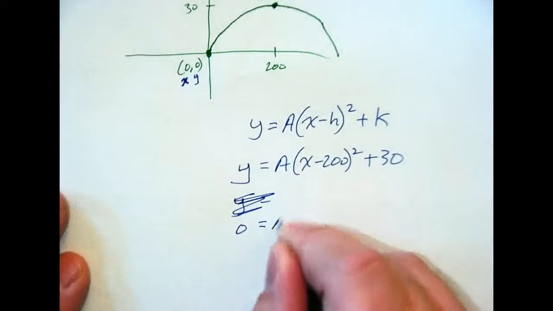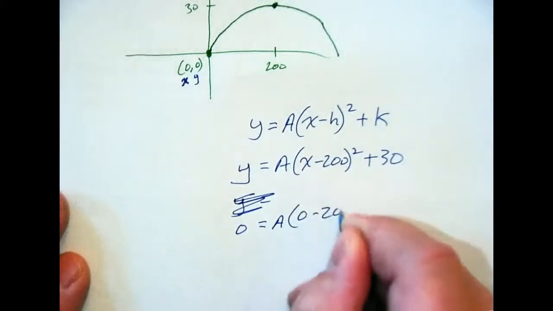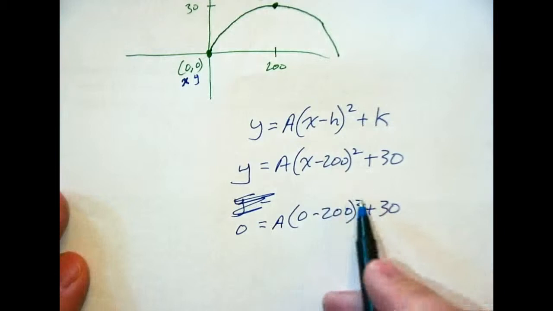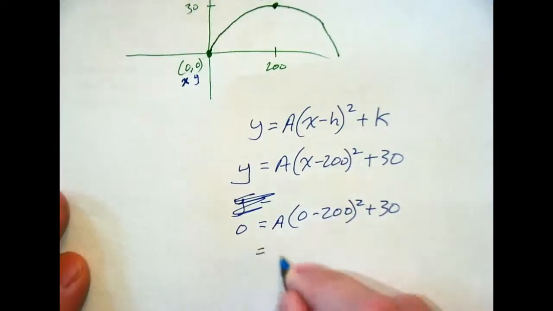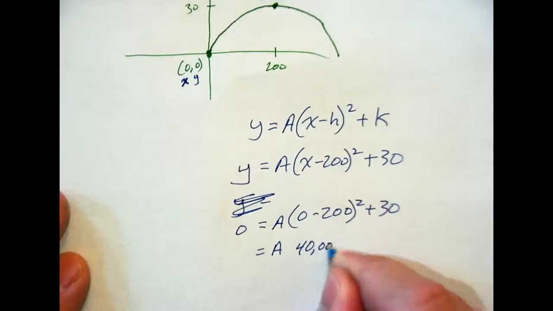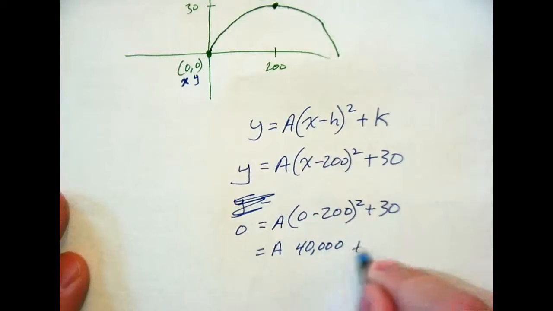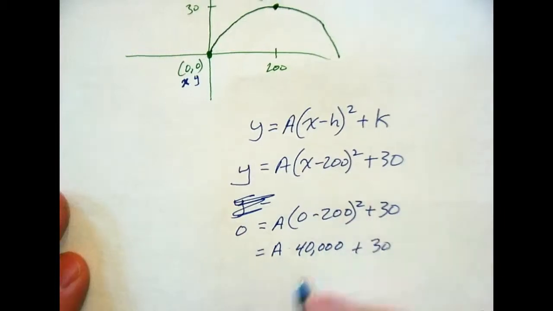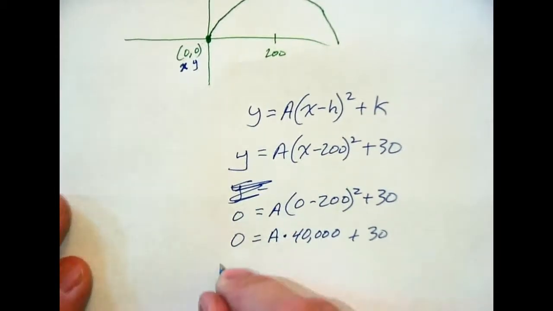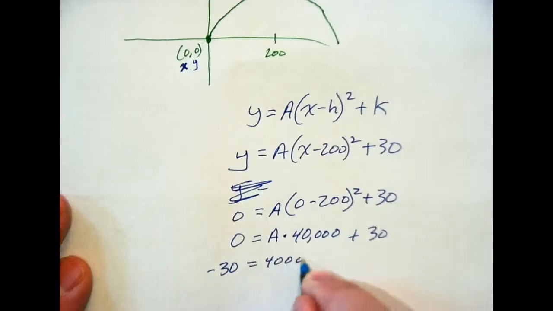0 equals a times (0 minus 200) squared plus 30. And negative 200 squared is 40,000. So we have 40,000 times a plus 30 equals 0. Subtract 30, and we'll be able to find a pretty easily. We get 40,000a equals negative 30.